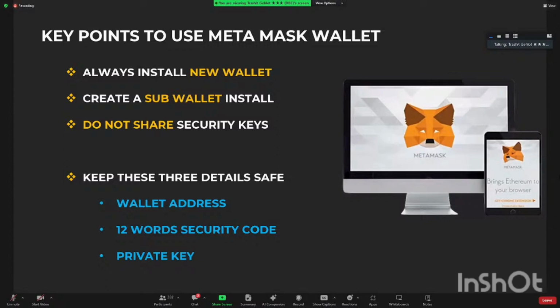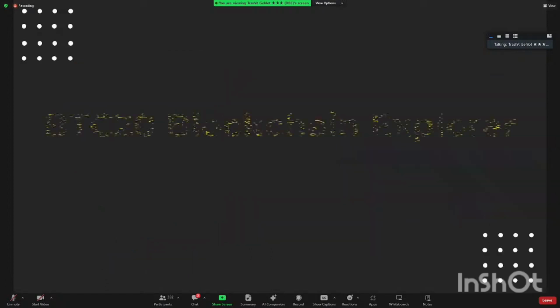Your privacy and your security are your responsibility, not any other member's, right? So whenever you use MetaMask, please make sure that you keep your secret and private key safe.